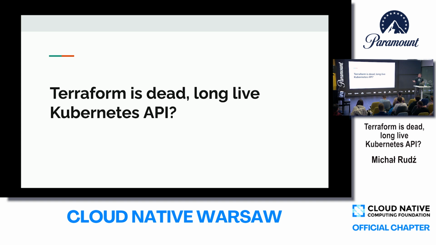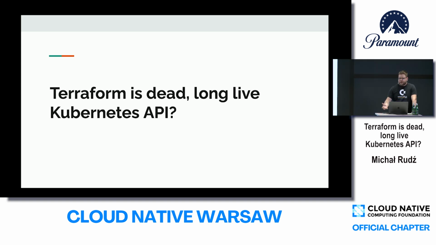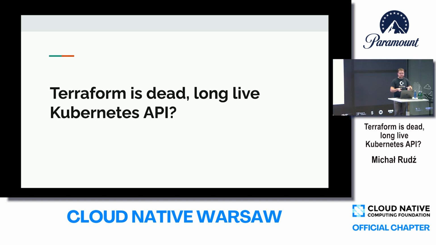But Crossplane is a new thing which can do the same thing, maybe a little bit better. It also has some downsides, some cons in some aspects. Compared to Terraform, it gives us control over what we deploy, because like you see, drift detection works almost instantly and autonomously.